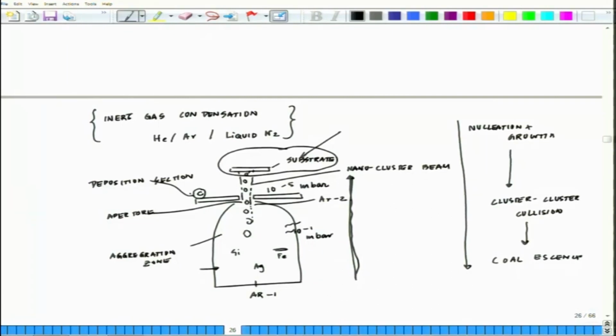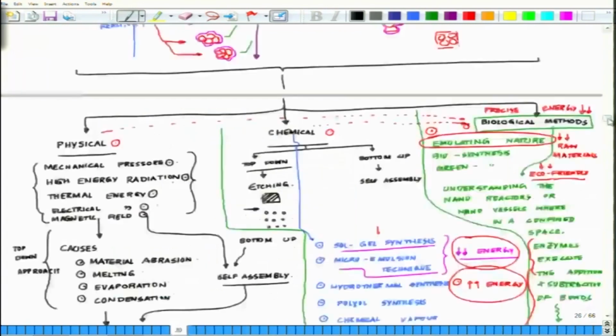So, you are realizing that all these techniques, if I talk about all the physical forces I told you in the very beginning, it could be mechanical, it could be high energy radiation, it could be thermal, it could be electrical, it could be magnetic.